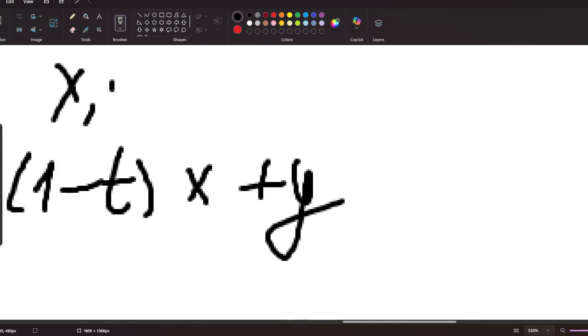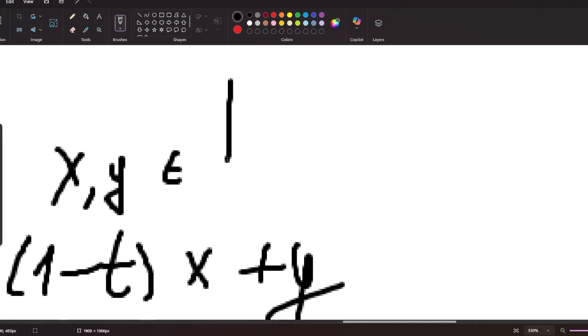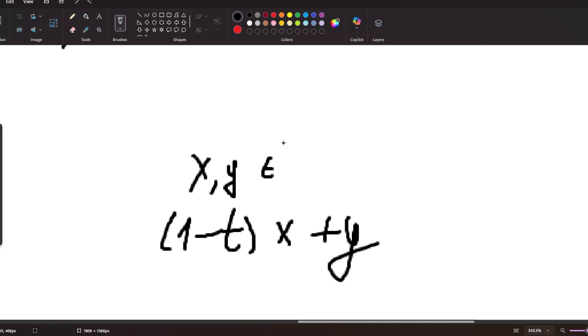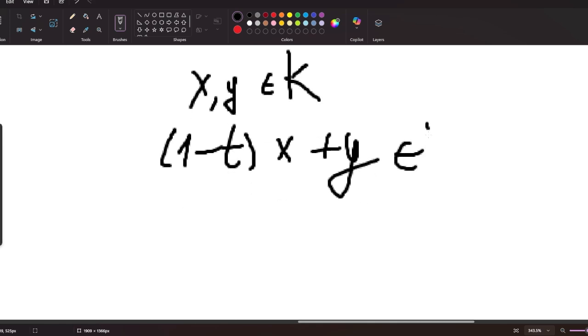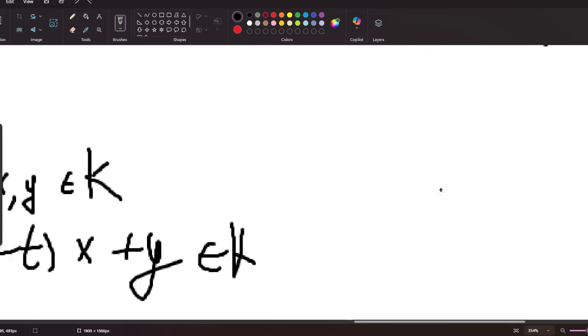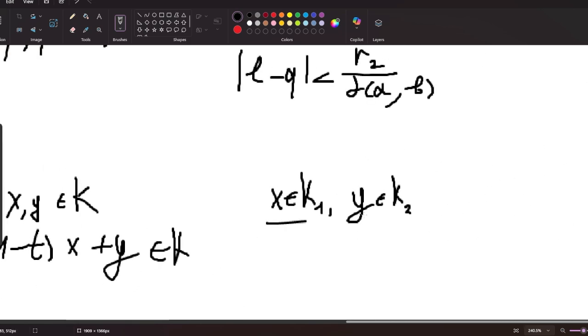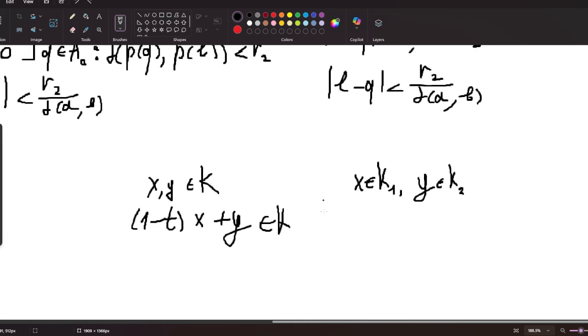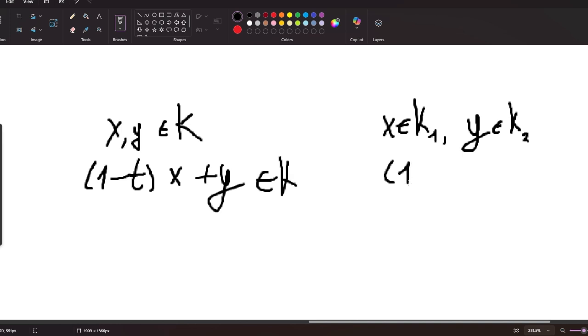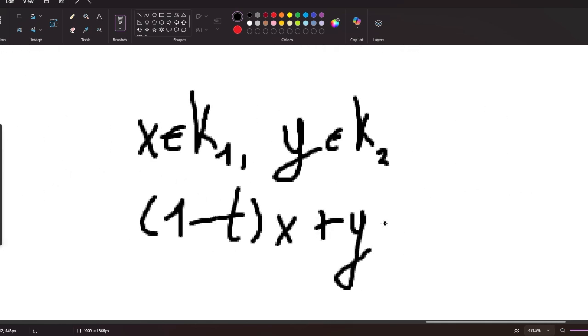Okay, x and y belong to K, yeah? The segment between them must belong to K. Now let's say K is not connected. Let's say x belongs to K1, y belongs to K2, and K1 and K2 are separated. So (1 minus t)x plus ty is going to form K1_0 and K2_0.